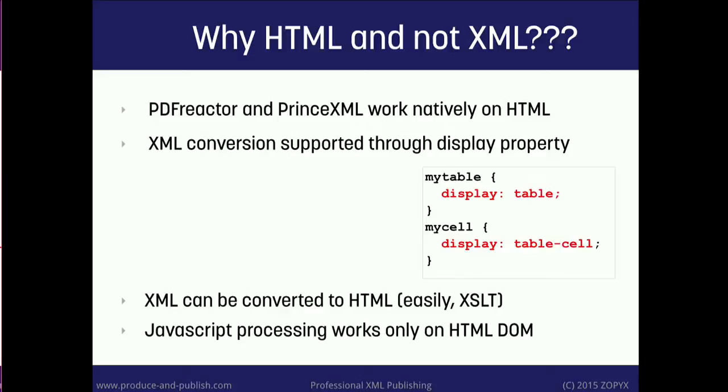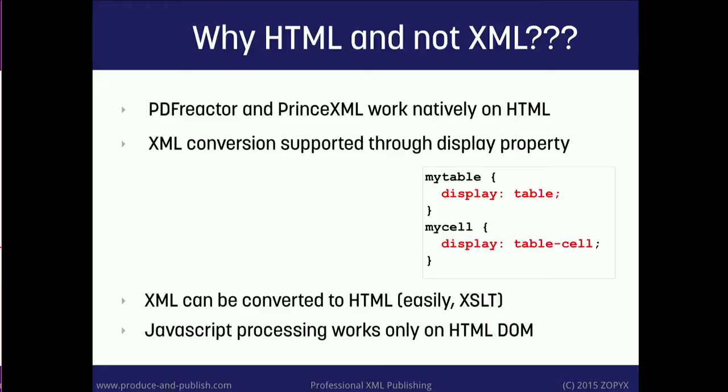Basically, it's 2 reasons. When you look at the available tools, we have 4 or 5 tools on the market doing CSS Paged Media. We have basically 2 big tools. One is PDFreactor, and the other one is Prince XML. They provide the full feature set of the functionality for the typesetting, basically on HTML or HTML5. And getting from XML to HTML as input for the converters is basically trivial. You usually have some conversions using code, XSLT, and so on.